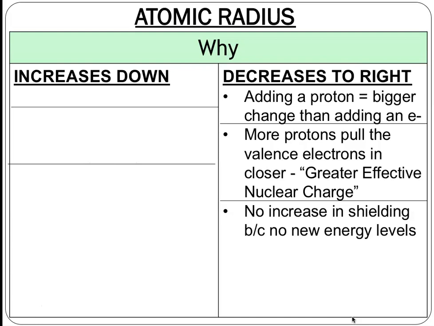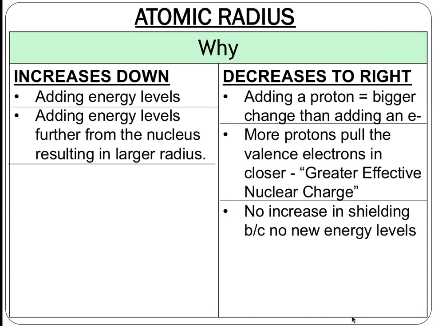As we said at the top, it's a bigger change for protons than adding electrons. Now, going down a group, here we have adding energy levels. So every time we add energy levels, we know it gets bigger. Adding more energy levels puts your new valence electrons further and further from the nucleus, therefore making it a larger radius.